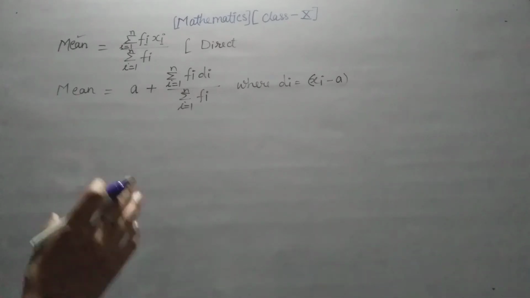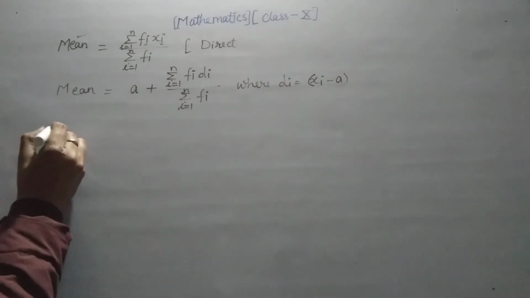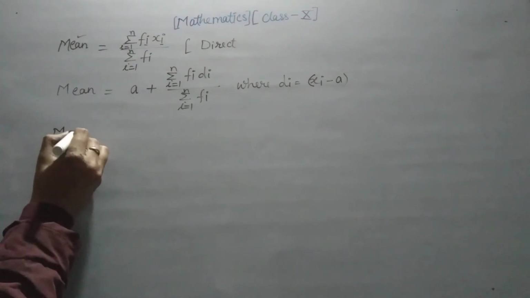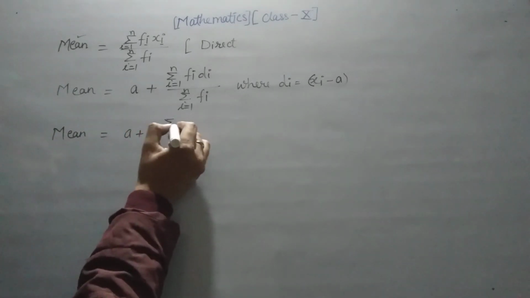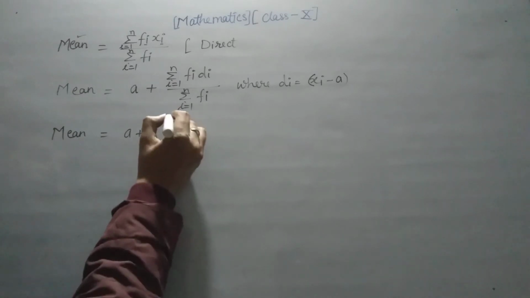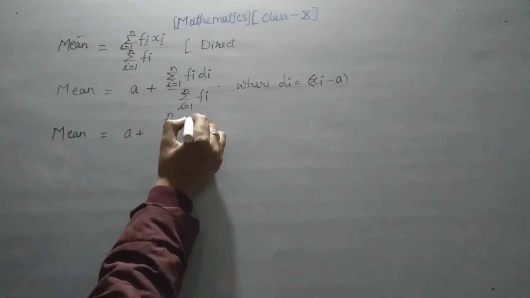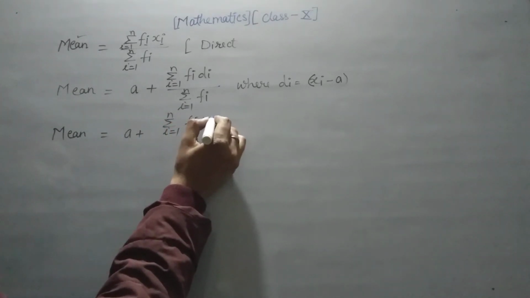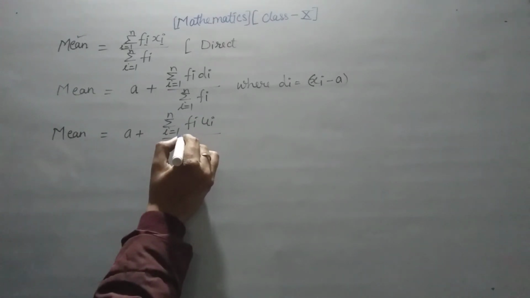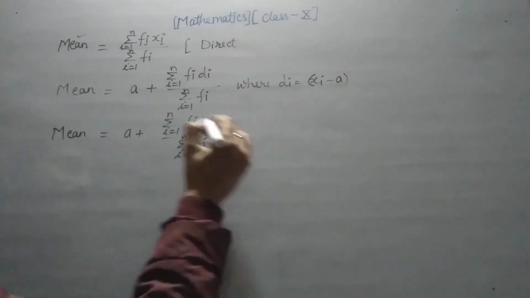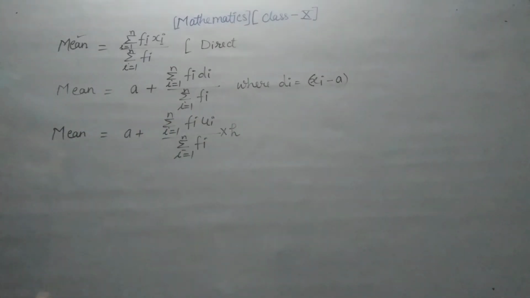These formulas are related to your chapter and to the question which I explain in this video, so we have to recall them. The next formula is mean is equal to a plus summation fi ui upon summation fi, into h. This is your step deviation method.